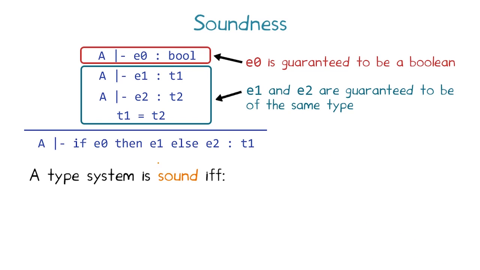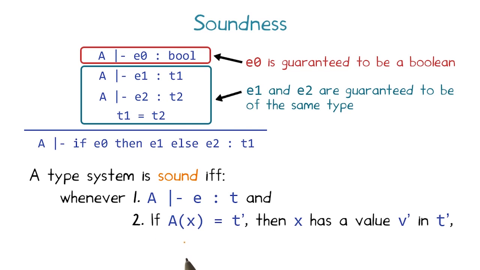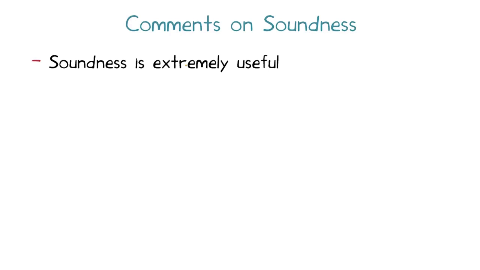Formally, we define a type system to be sound if and only if, whenever it is provable under an environment A that E has type T, and furthermore, whenever the environment A maps variable x to type T prime, then x indeed has a value V prime in that type T prime, then E always evaluates to some value V in T. Sound analyses are extremely useful.